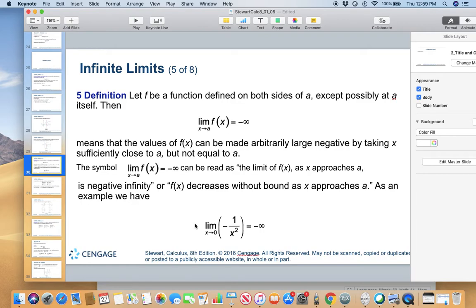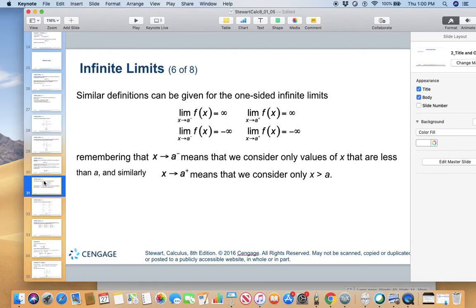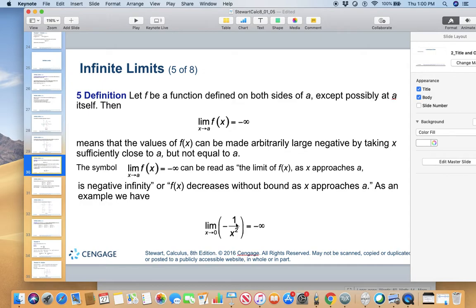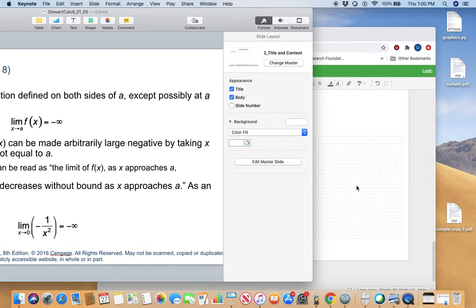As an example, we have limit x approaching 0 of negative 1 over x squared. You might want to draw this picture for yourself. It goes to negative infinity. Looks like they don't have a picture for this, so let me graph this for you.